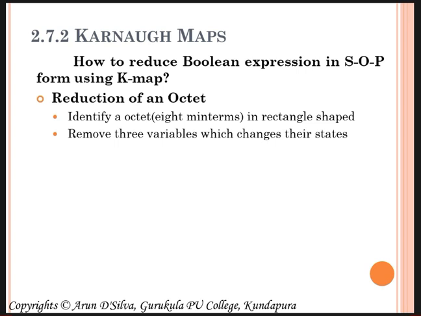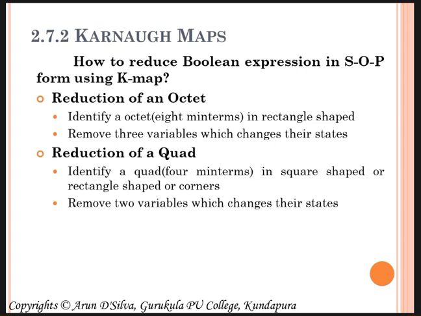Now what you have to do? Remove the 3 variables which change their state. That means if 4 variables A, B, C, D are there, only one variable remains after reducing the octet, and the other 3 variables are removed.